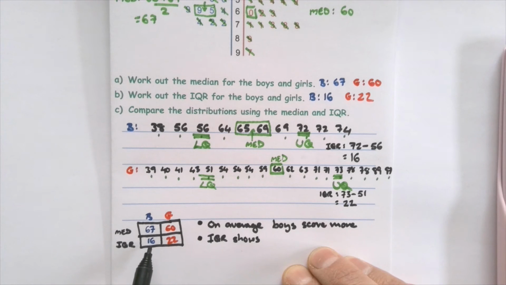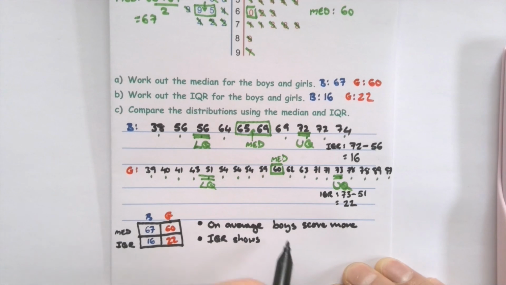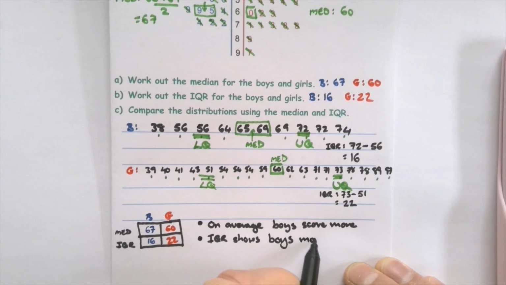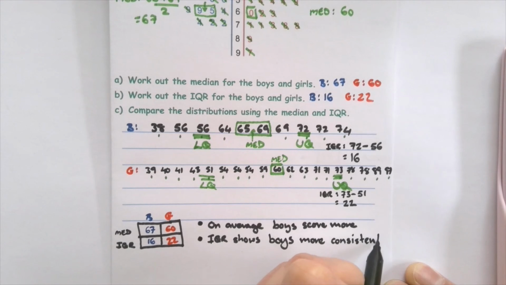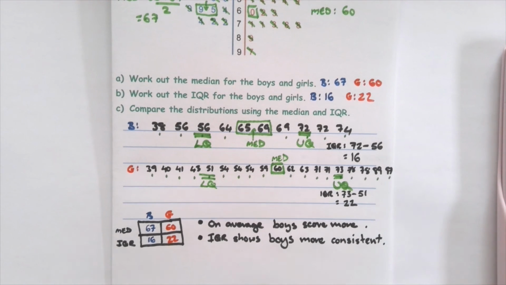So the boys have the smaller spread, so the boys are more consistent. Okay, and we are done.